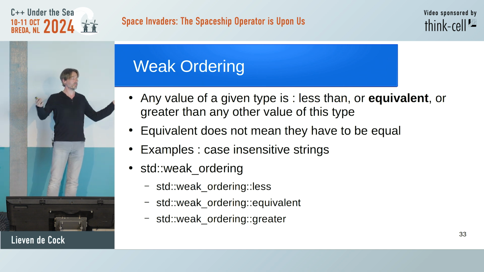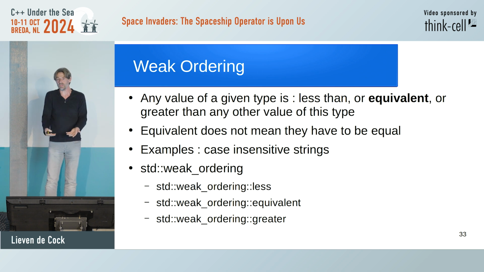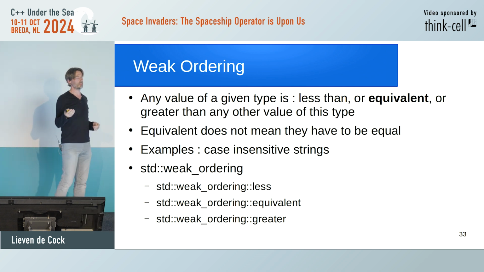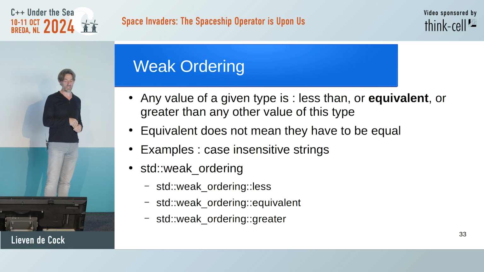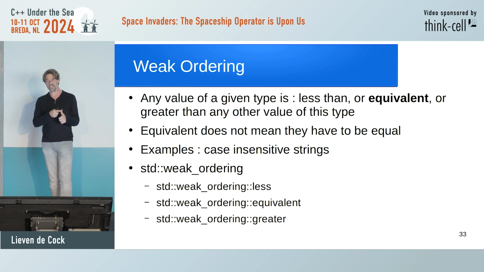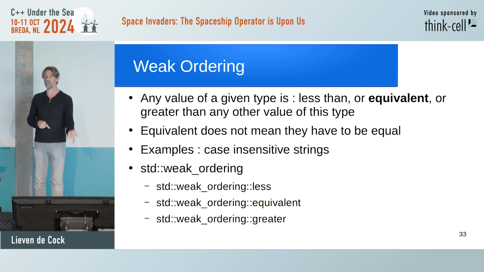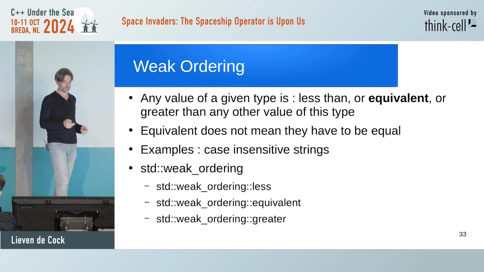Case-insensitive comparing, those two will say we are equivalent. The return type is the enumeration type weak ordering. And there are three possible values: less, equivalent, and greater. Equal is no longer an enumeration value in this one.